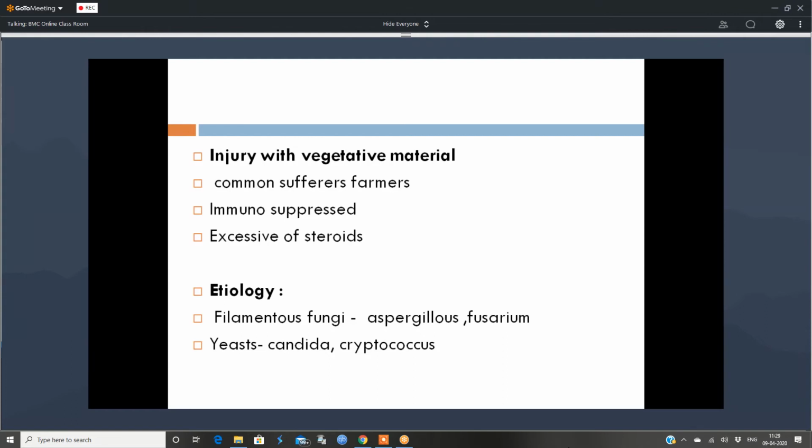You have filamentous fungi like Aspergillus and Fusarium, or yeasts like Candida and Cryptococcus. The yeasts are common mainly in immunocompromised people and those using steroids, but mostly in farmers with a history of injury with vegetative matter, the invading organism is either Aspergillus or Fusarium.